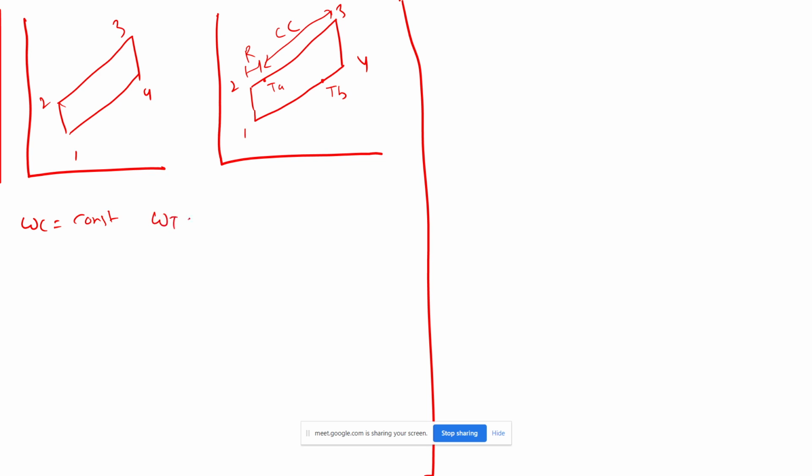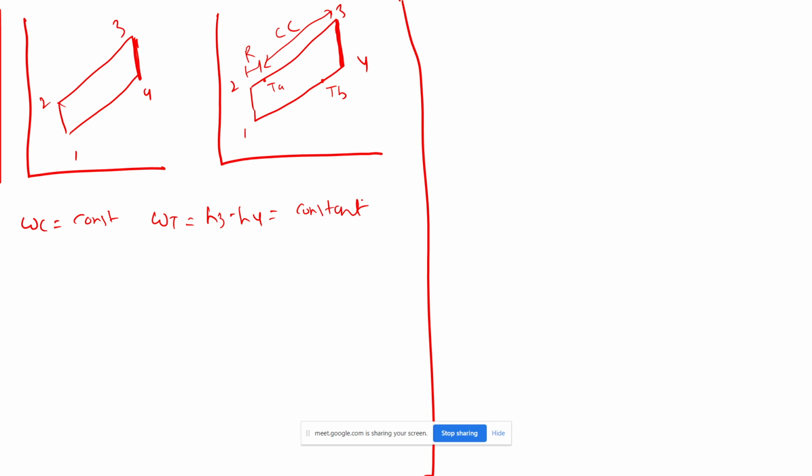What effect will it have on turbine work? It will also remain the same, because turbine work is H3 minus H4. So H3 minus H4 is the same in both cases, so it will also remain constant.